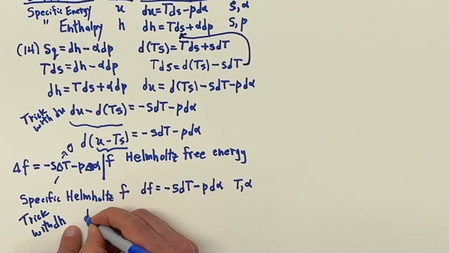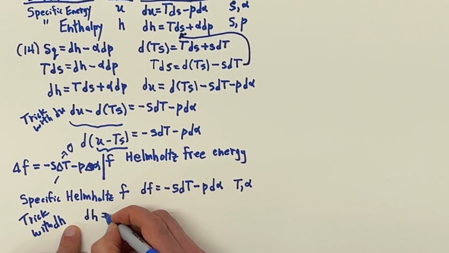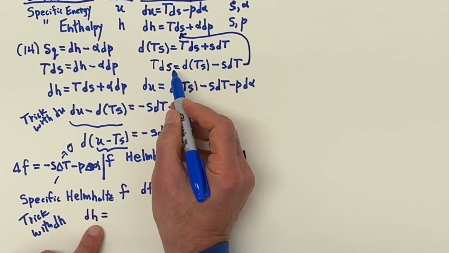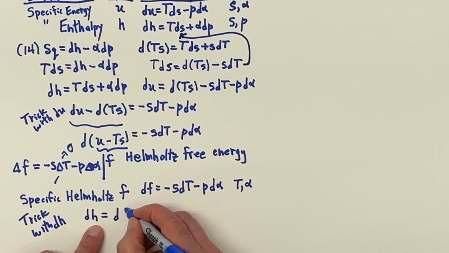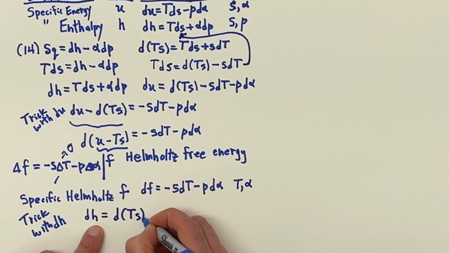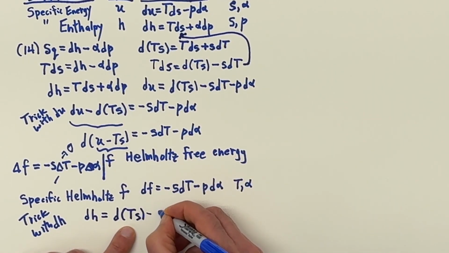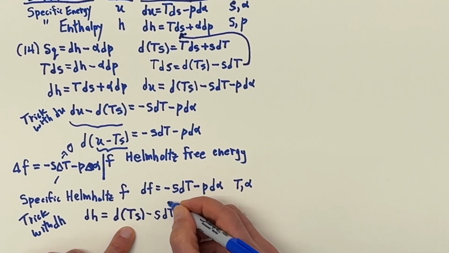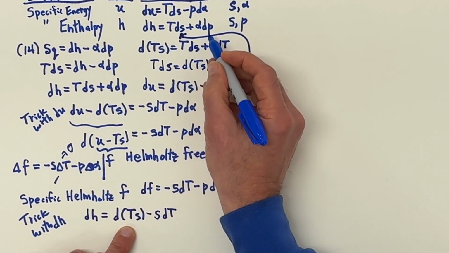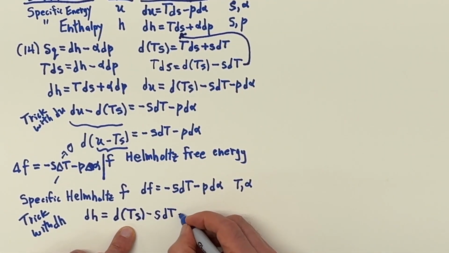That gets us dH is equal to, and now we're going to copy this down, d of the product TS, then minus S dT, and then we pick up that last term, which is alpha dP.